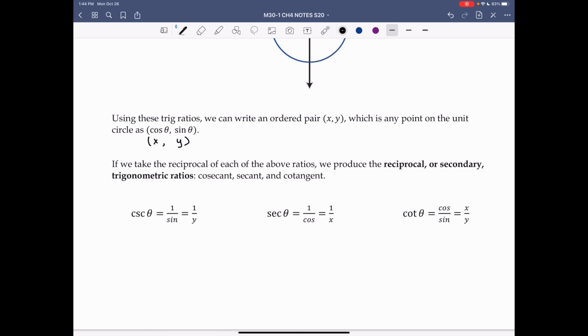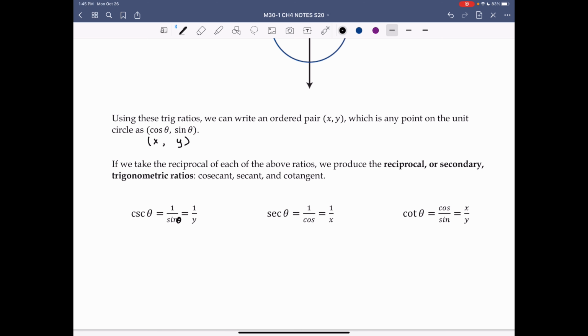If we take the reciprocal of each of the above ratios, we produce the reciprocal or secondary trigonometric ratios: cosecant, secant, and cotangent. Cosecant theta is equal to 1 over sine theta, which is equal to 1 over y, since sine theta, that should really say theta there, since sine theta equals y, then 1 over sine theta would equal 1 over y.